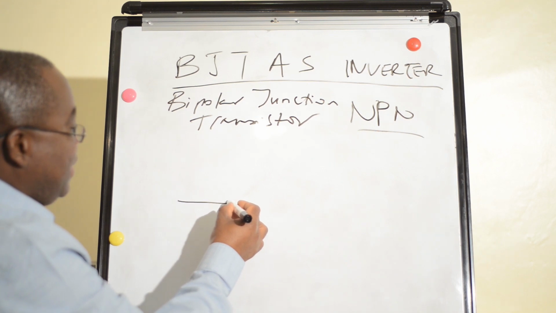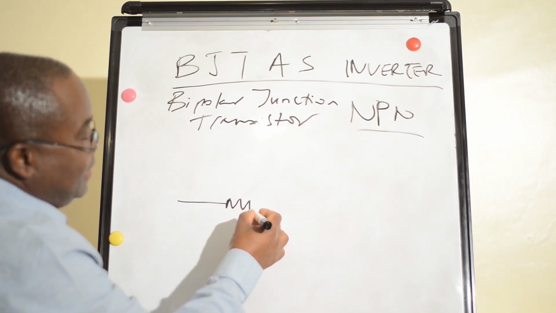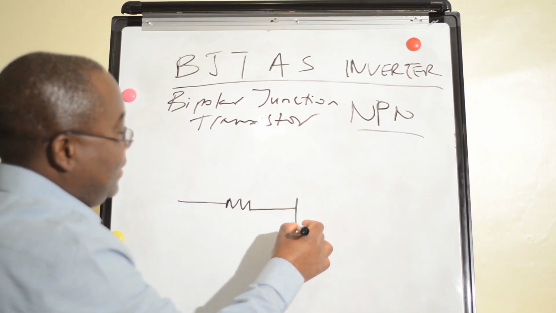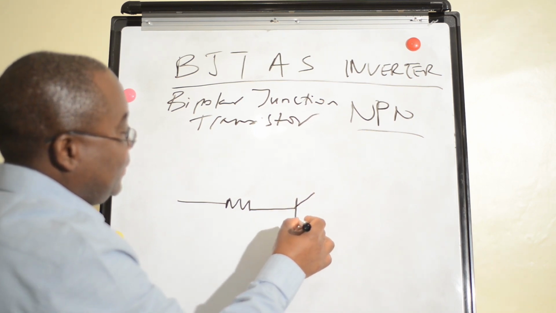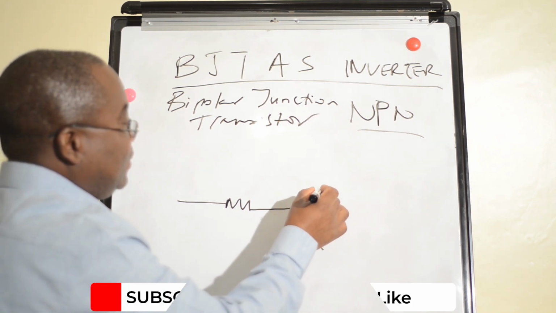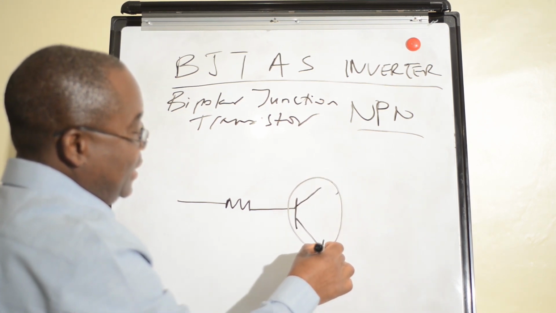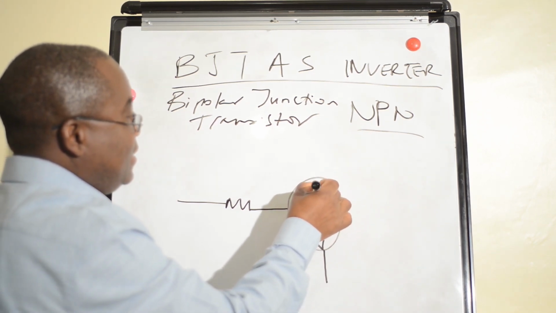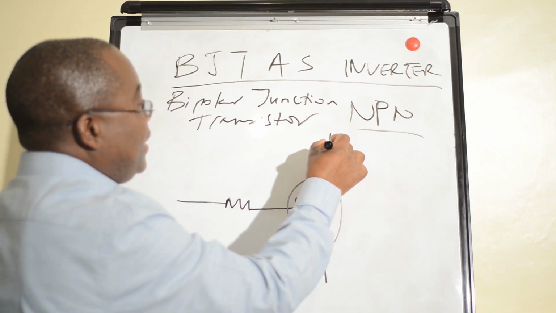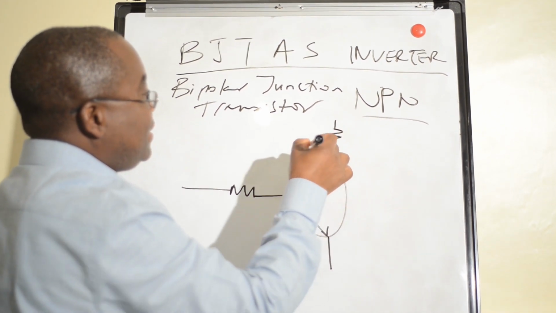Let's say here we have our base resistor. Here we have our NPN transistor. The arrow is pointing outward from the transistor. And here we have our collector resistor.